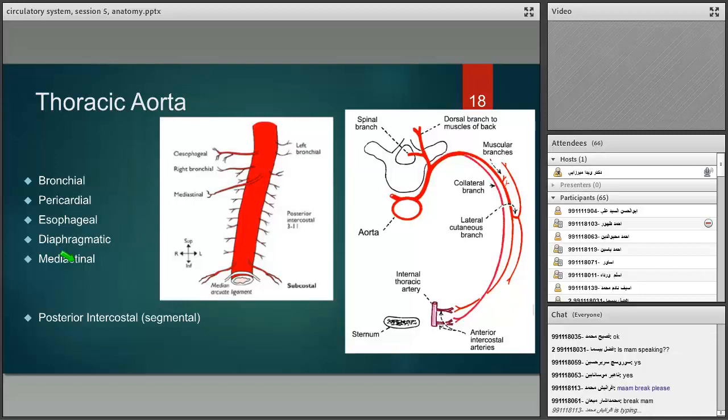We have also some branches from the lateral side of the thoracic aorta. The most important branches of the lateral side of the thoracic aorta are the posterior intercostal arteries, which are called also the segmental arteries.